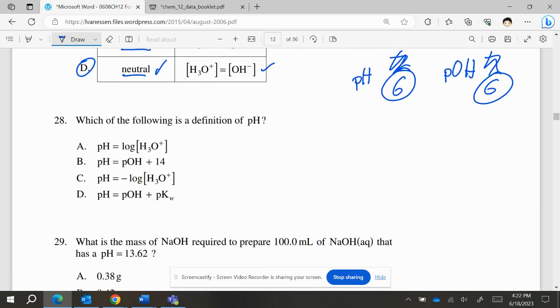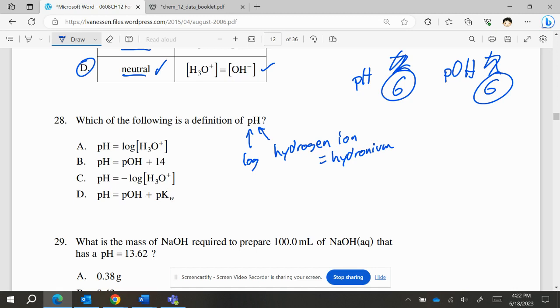Which of the following is a definition of pH? pH means the potency, or in other words, putting the hydrogen concentration on a logarithmic scale. So it means the log scale of hydrogen ion, which is the same as hydronium, which is H3O+.